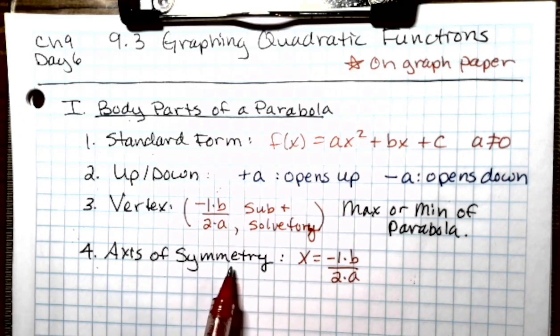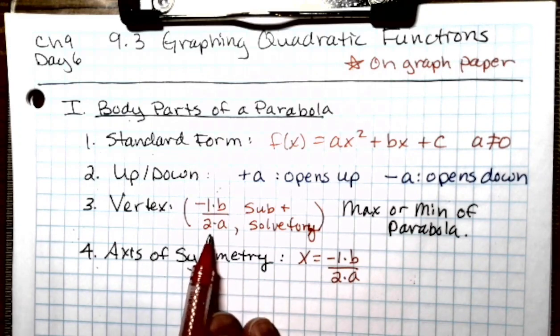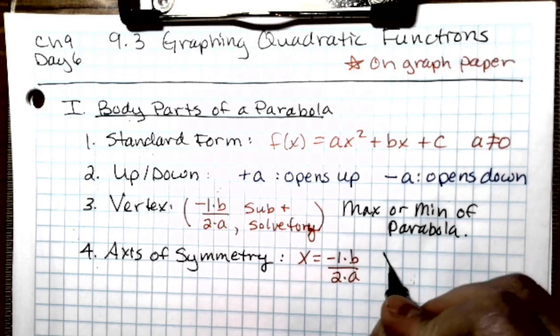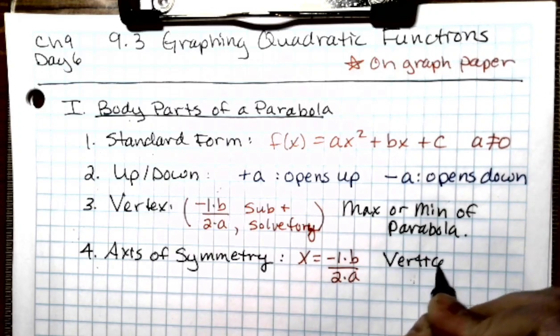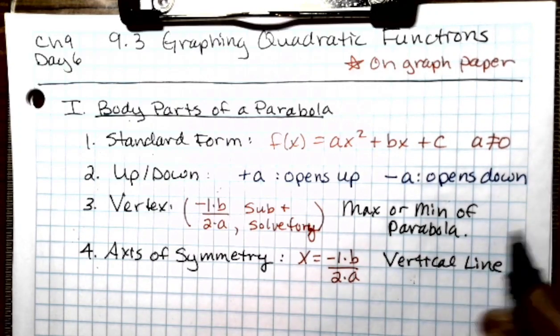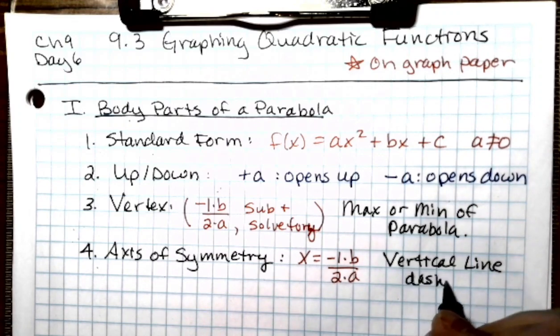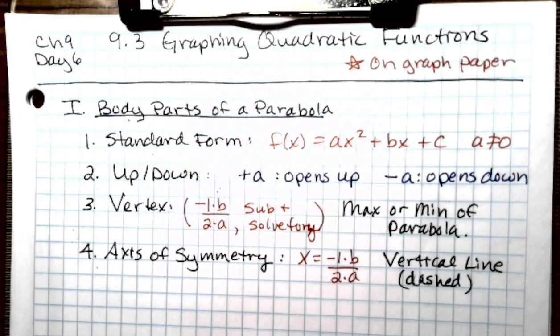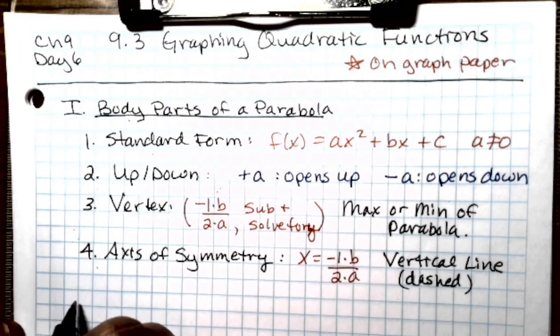That's because the axis of symmetry passes through the vertex, but it is a vertical line. So the axis of symmetry is a vertical line, and you show it as dashed because it's not actually part of the parabola, but it is part of the structure of the parabola. Okay, so those are some of the body parts.